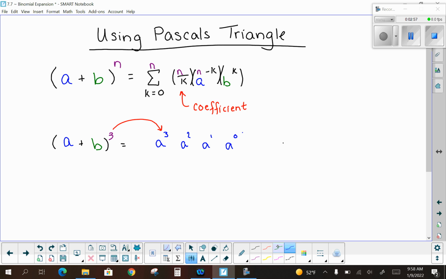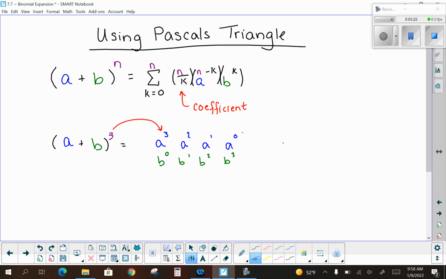And then underneath that, I'm going to do the same thing with b, except I'm going to start with the power of 0 and count up to the n power. So if that n power was a 10, I do 10 through 0 for a, and I do 0 through 10 for b.